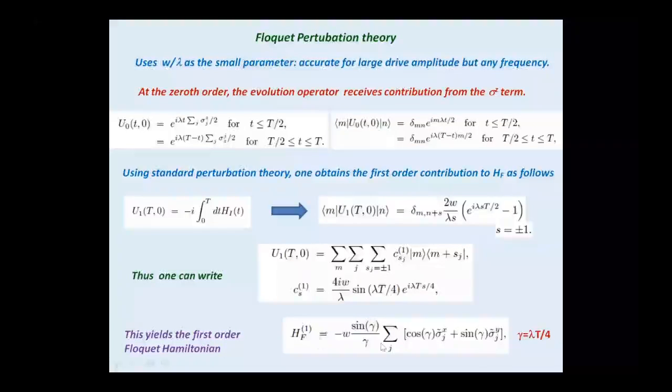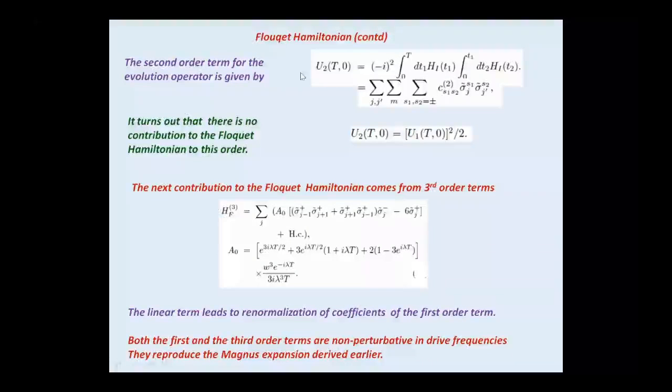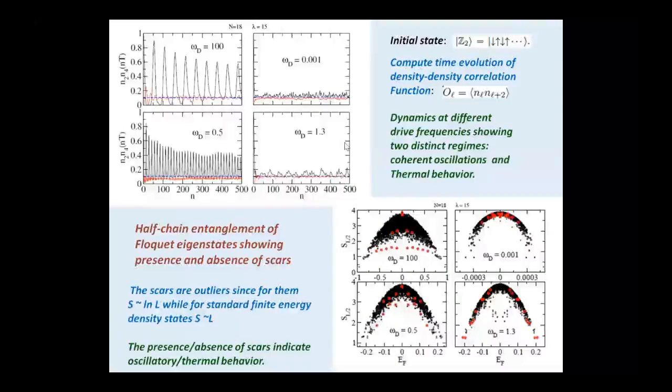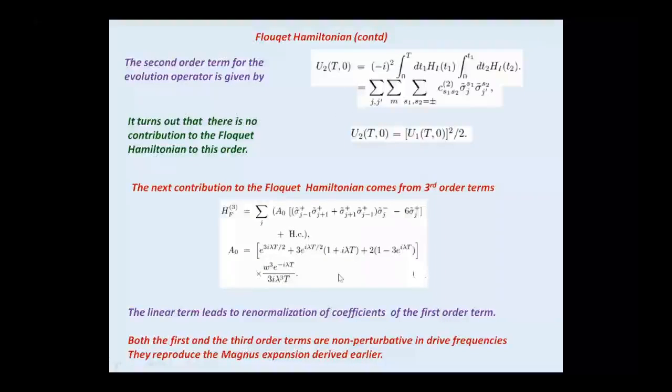Please remember that this coefficient is sine gamma, so it vanishes at particular frequencies. Then you can go to second and third order terms. The second order terms vanish because of some symmetry, which I'm not going to get into the details of, and the third order term gives you some non-PXP type of results.